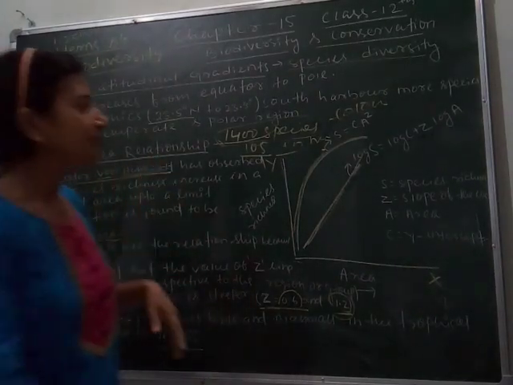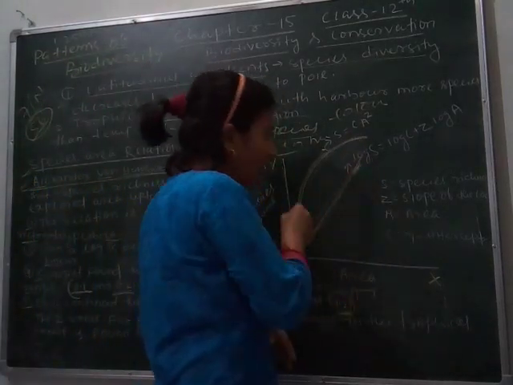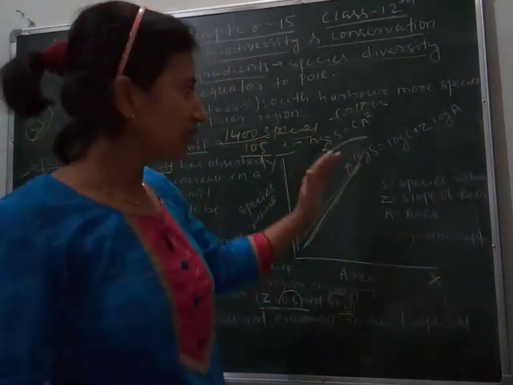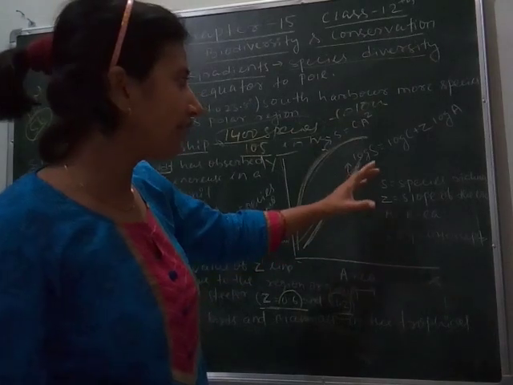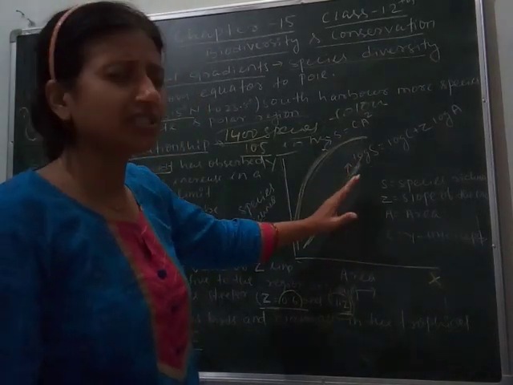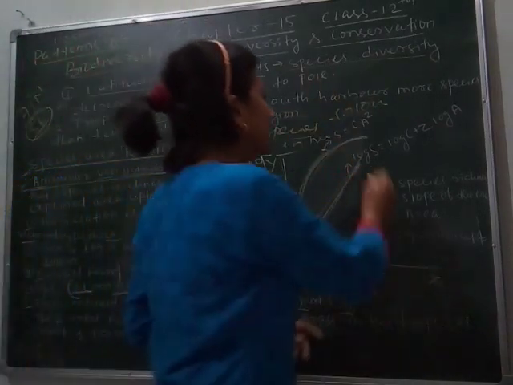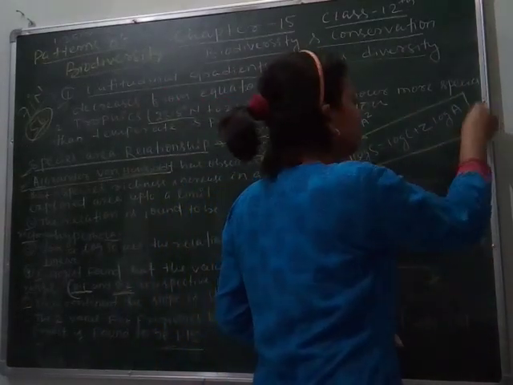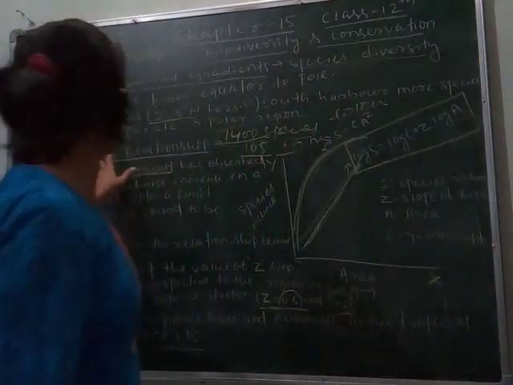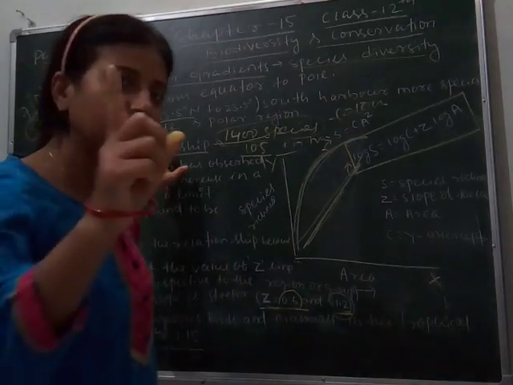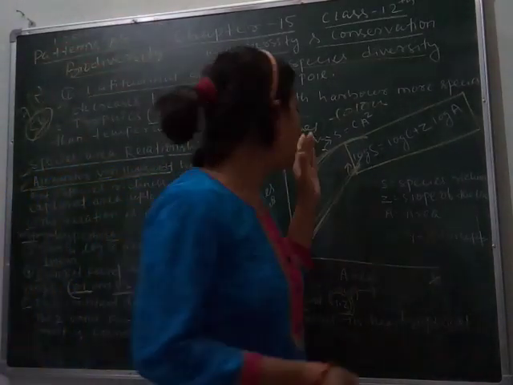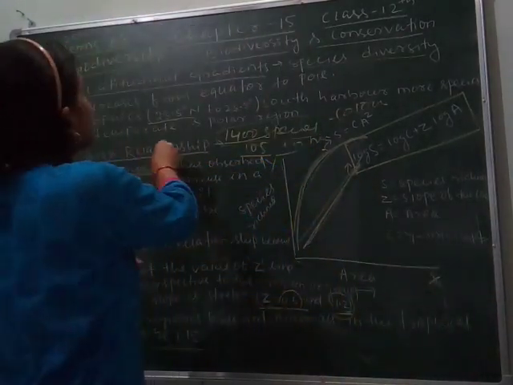If this question comes in exams, then a log table will be given. Rarely this comes. You have to only remember this line. What is the equation for species area relationship? The question will come in 1 mark or 2 marks.